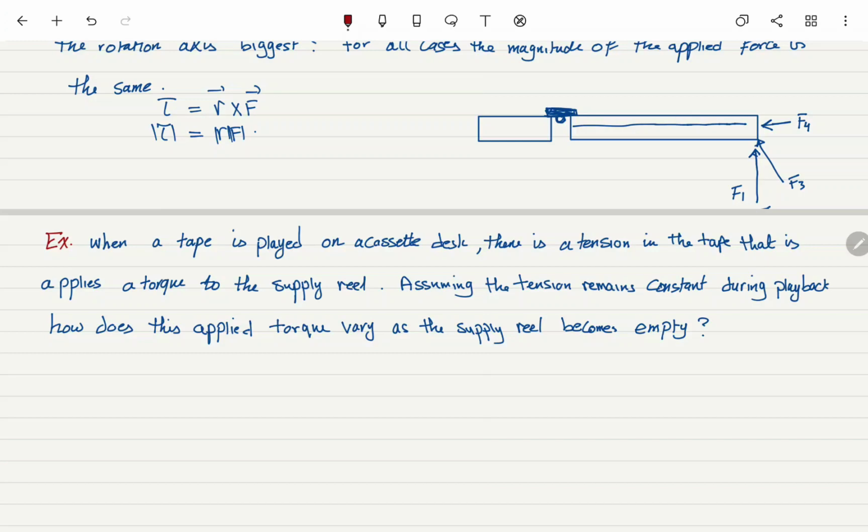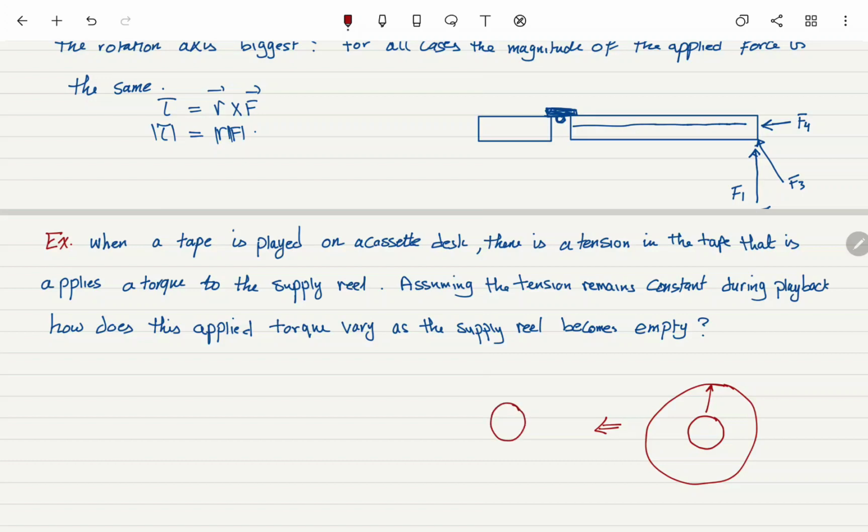To answer this one, let's imagine how the supply reel looks. This is the core, and here's the tape around it. Now when the supply reel empties, it means that this radius decreases, and the only part of the supply reel left is the core itself, which is the small one.